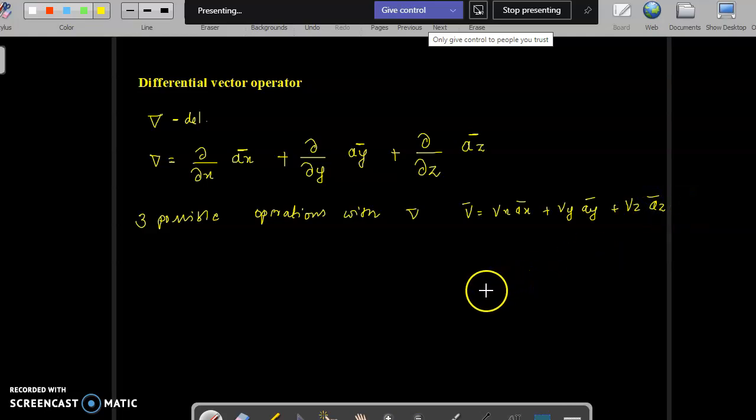Okay. So there are three possible operations with del. The first one is gradient.